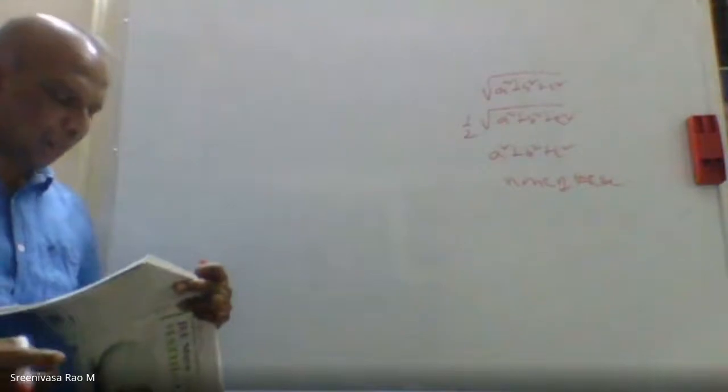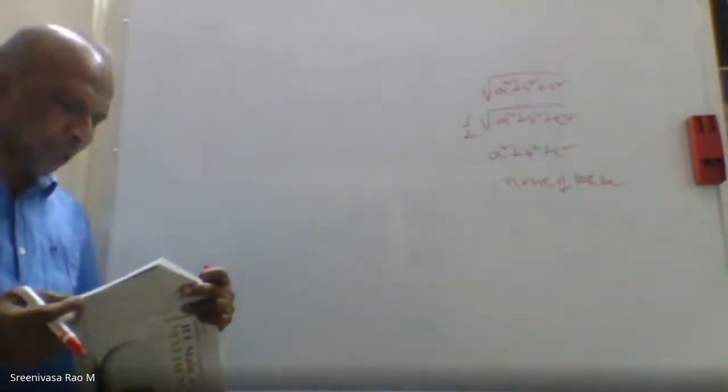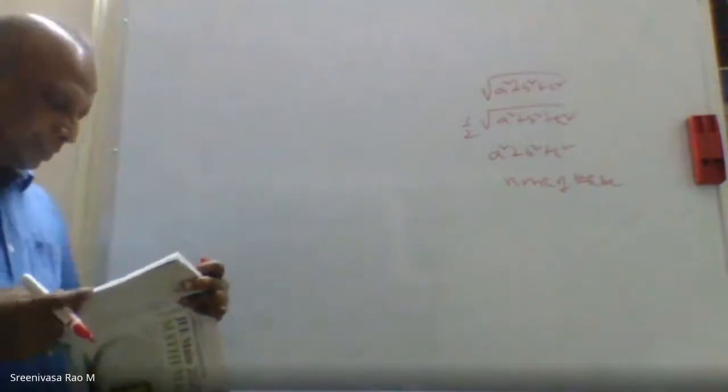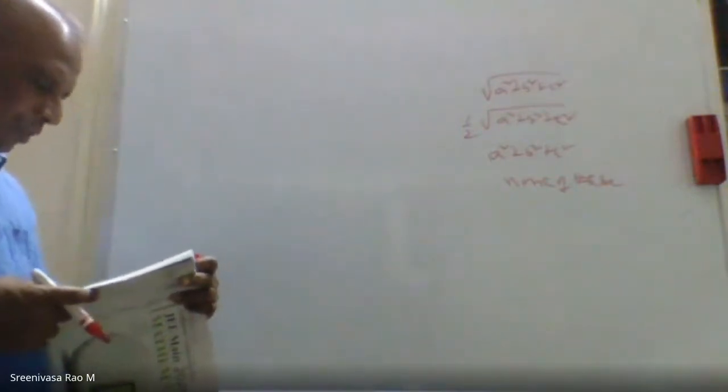The plane passes through a fixed point A comma B comma C. The locus of the foot of the perpendicular to it from the origin is a sphere of radius. They are asking the radius of the sphere.